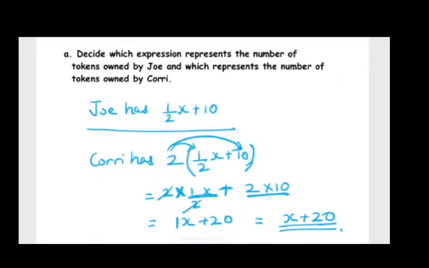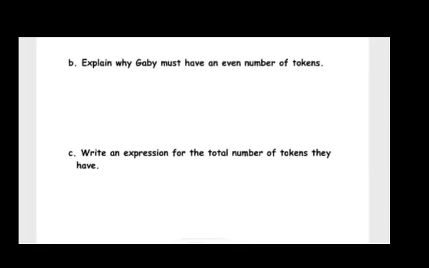Now it says, explain why Gabby must have an even number of tokens. Now it depends. See, the number of tokens has to be an integer value. That means it's physical. In integers also, it needs to be a natural number. He has something, so it cannot even be the whole number 0. It is an integer, that means anywhere from 1 to infinity.